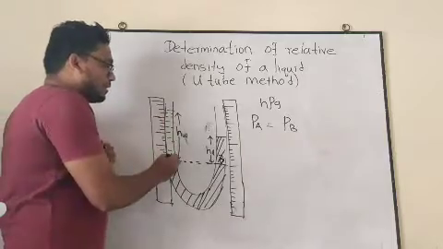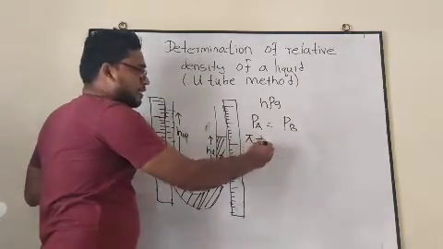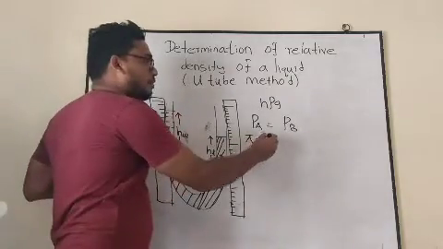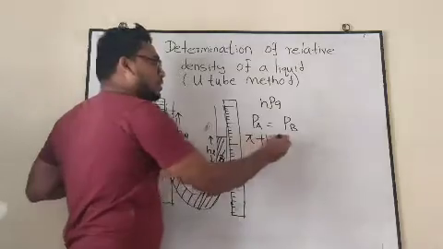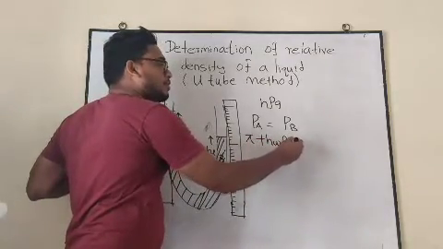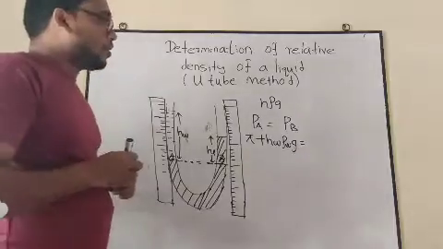So at point A, the pressure is P atmospheric plus HW rho W G, the density of water.